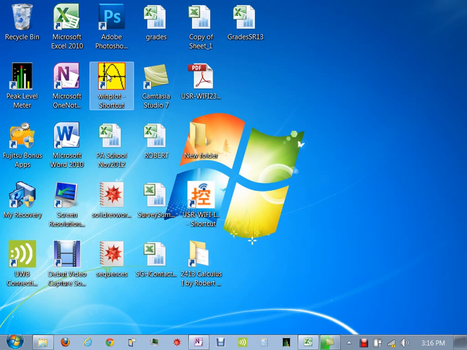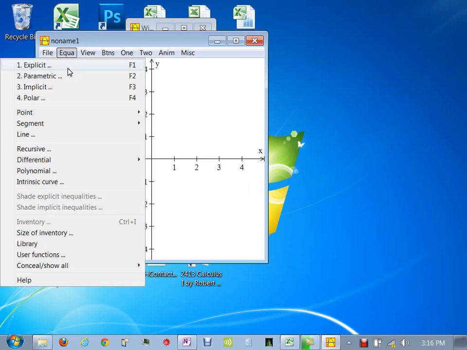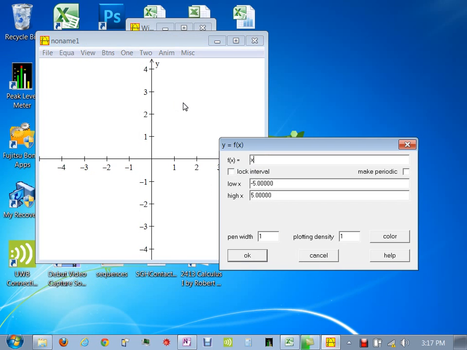I'm actually going to take a look at this one. So we have x times the square root of 16 minus x squared, and we're going to look at it on the interval -1 to 4, right?